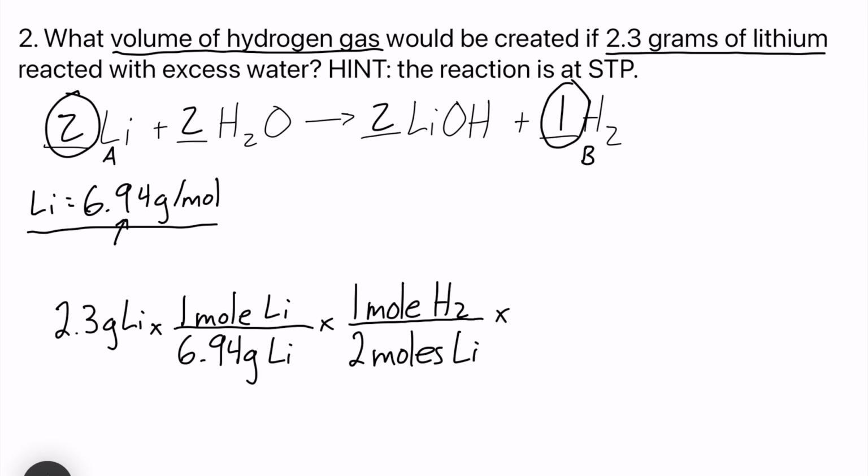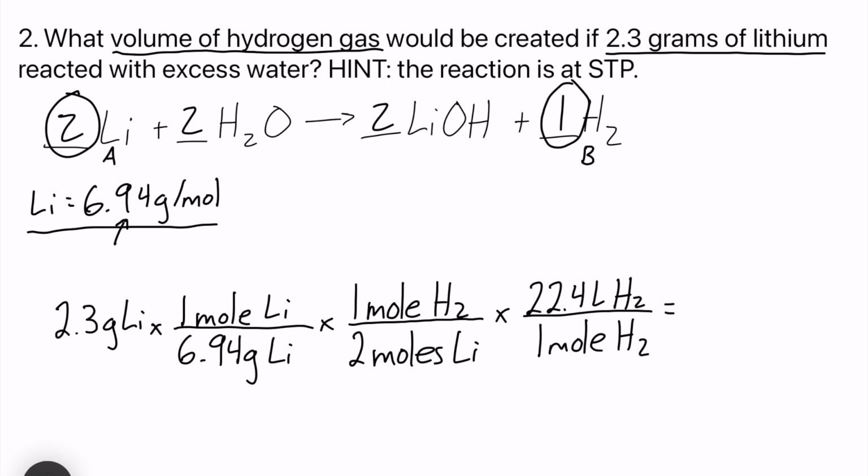of lithium, and finally we have 1 more conversion. So when you're converting to volume, if you recall, you are going to have 22.4 liters of a gas for every 1 mole of that gas. And remember, that only applies at standard temperature and pressure.